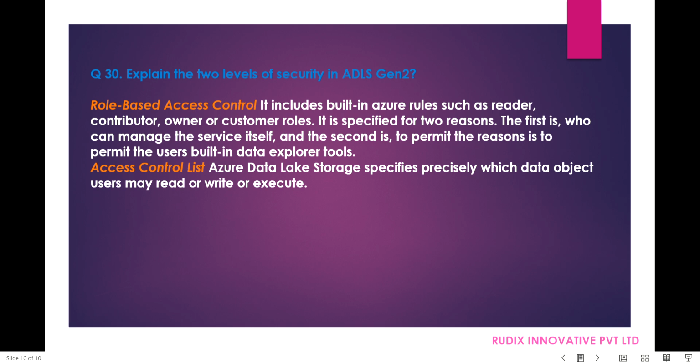It is specified for two reasons: the first is who can manage the service itself, and the second is to permit users to use the built-in data explorer tools. Next, access control list in Azure Data Lake Storage specifies precisely which data objects a user may read, write, or execute. These are the most frequently asked questions.